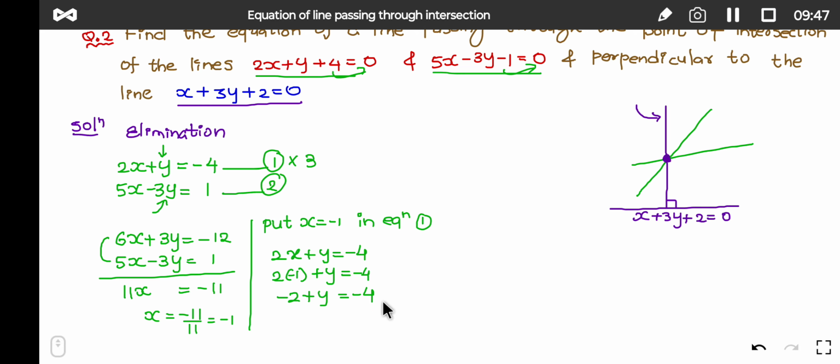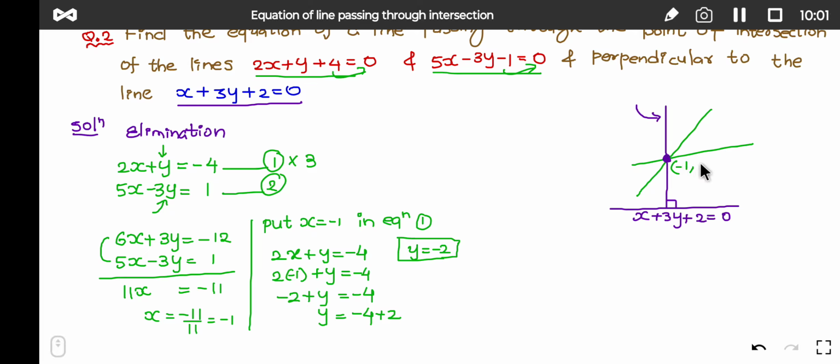If we take this minus 2 to the right hand side, we'll get y is equal to minus 4 plus 2, which is minus 2. So we got the values of x and y. So our point of intersection is minus 1 comma minus 2. That is the value of x1 and y1.